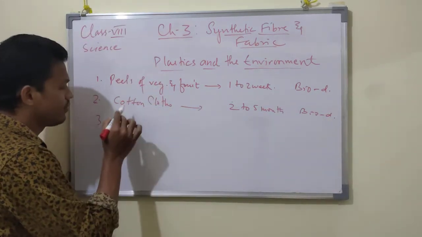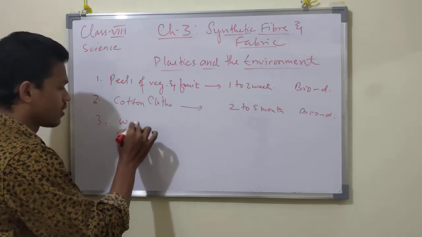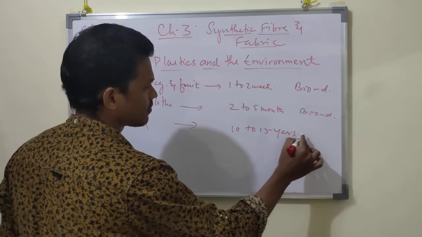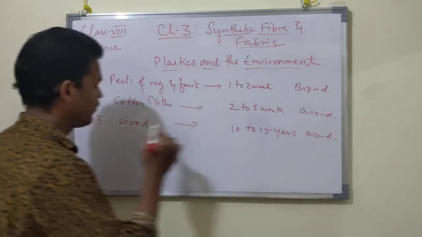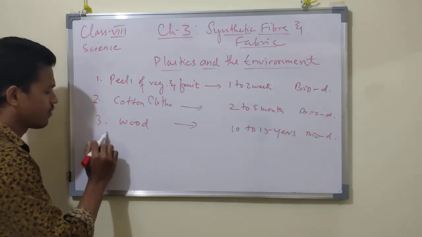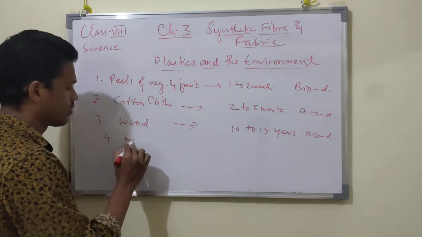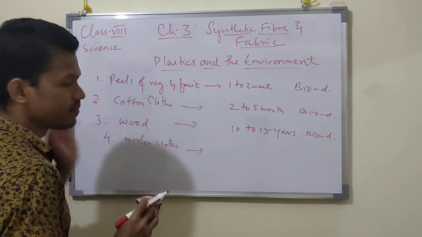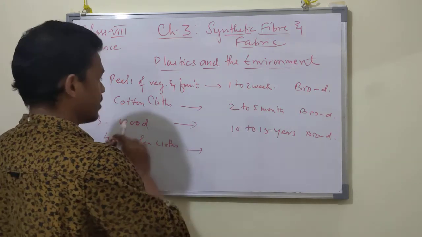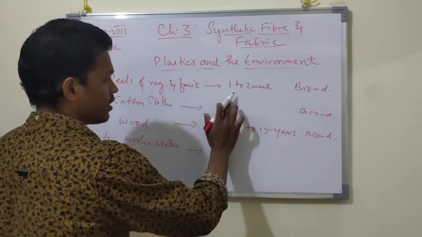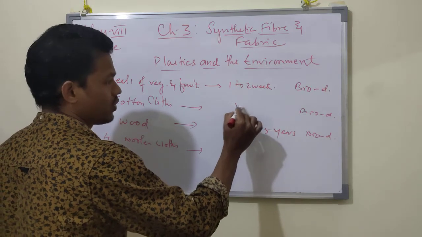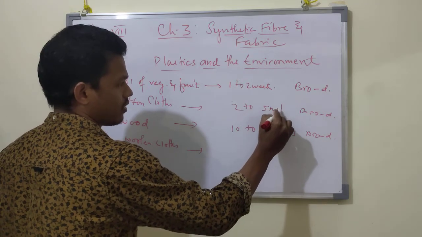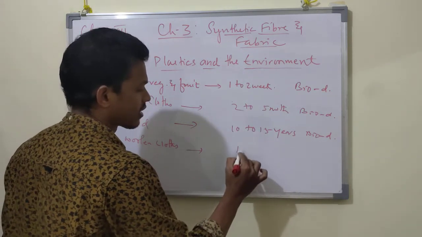Third, wood will take 10 to 15 years. It is biodegradable. Fourth, woolen cloth will take around 1 year.